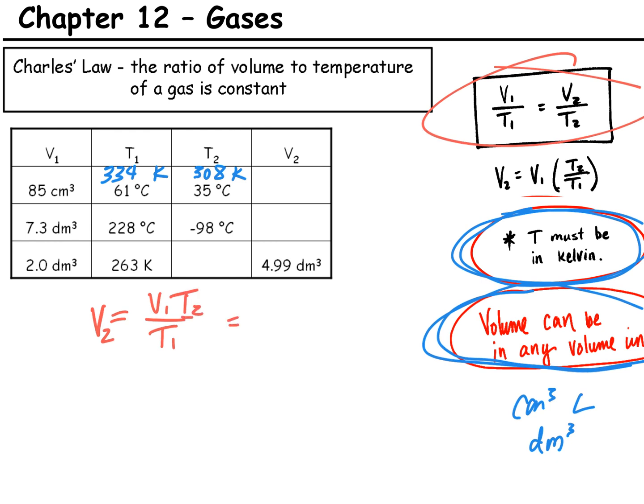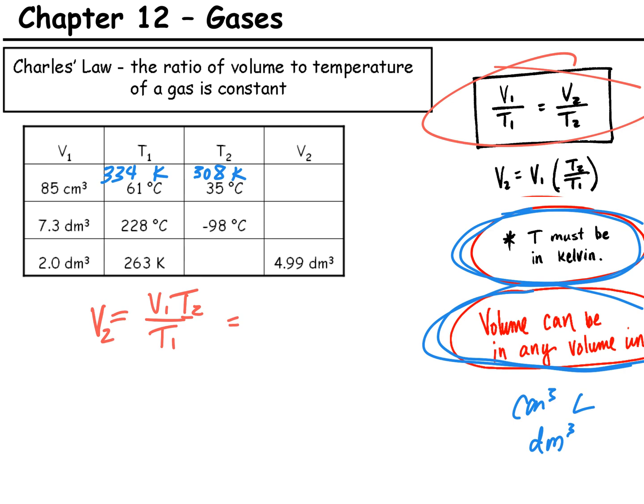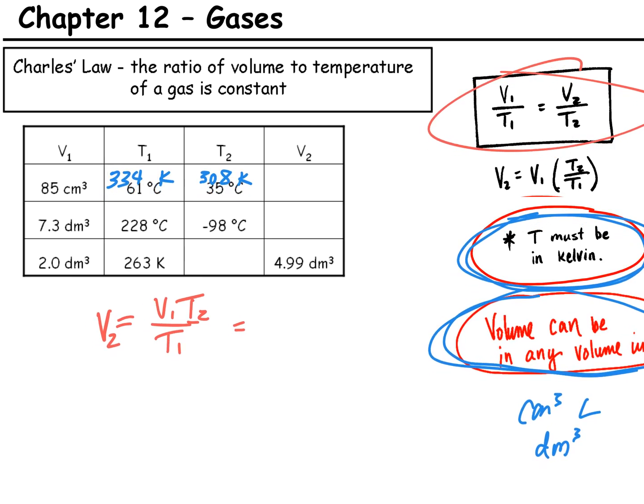All right, V1 is 85 centimeters cubed. T2 is 308. T1 is 334.